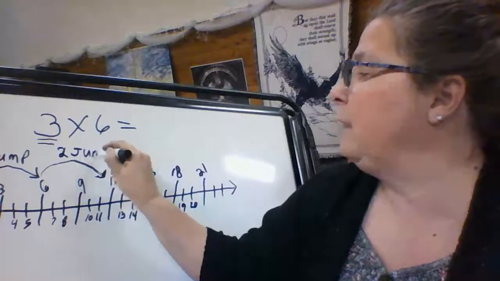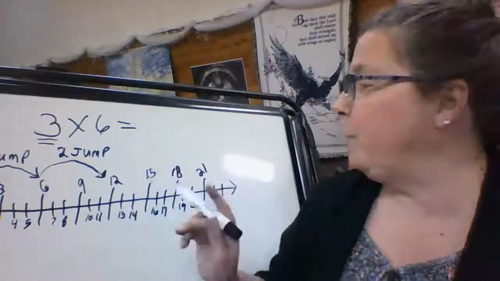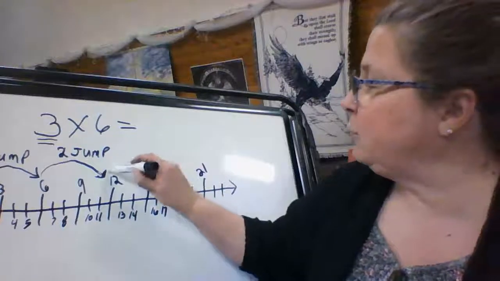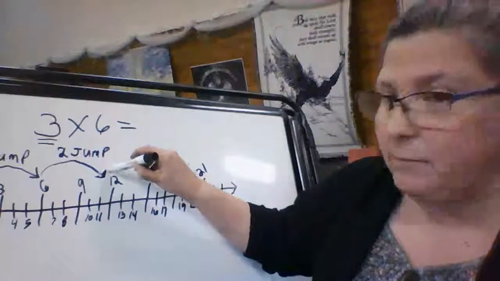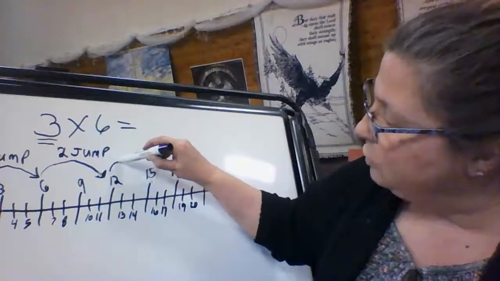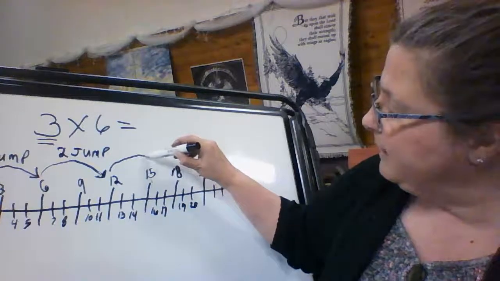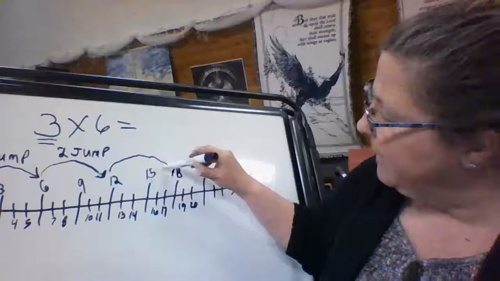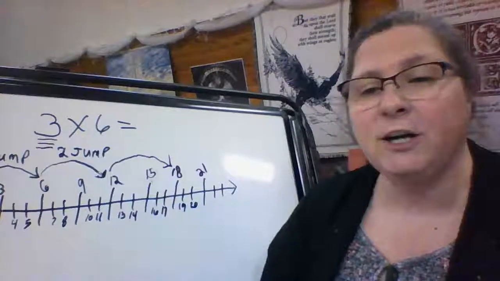How many more do we need? That's right. We need 1 more group of 6 jumps. So we're going to start here at 12, and we are going to jump 6 more objects. Help me skip count: 13, 14, 15, 16, 17, 18. Do we have all 3 of our jumps?